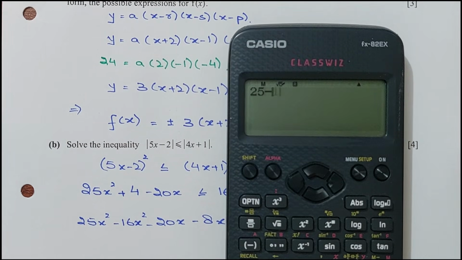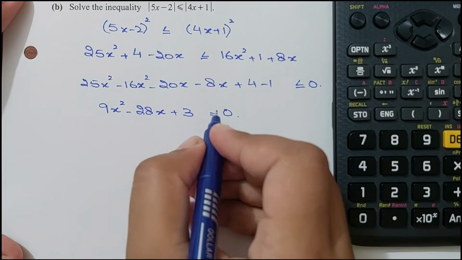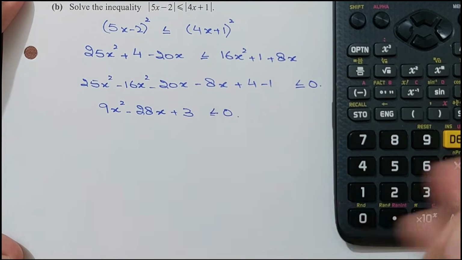So 25 minus 16 is 9x squared, minus 20 minus 8 is minus 28x, and 4 minus 1 is 3, less than or equal to 0, right?